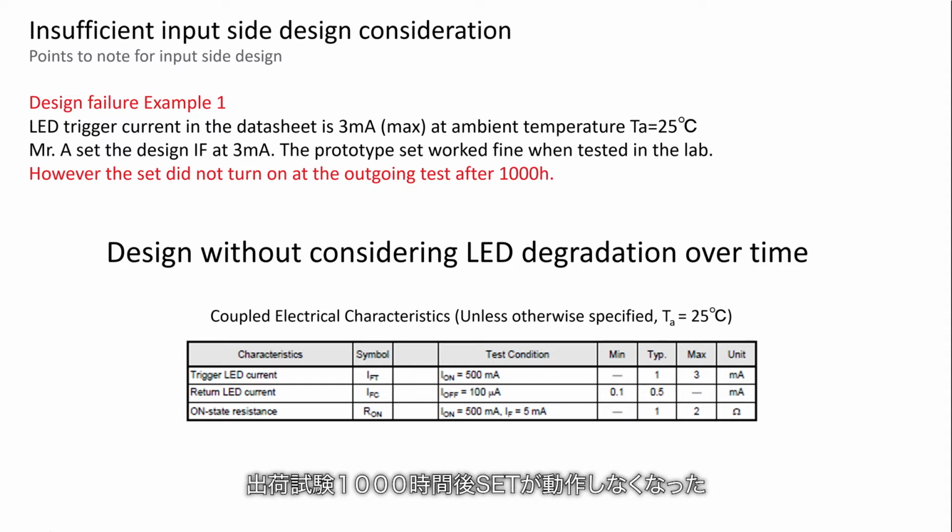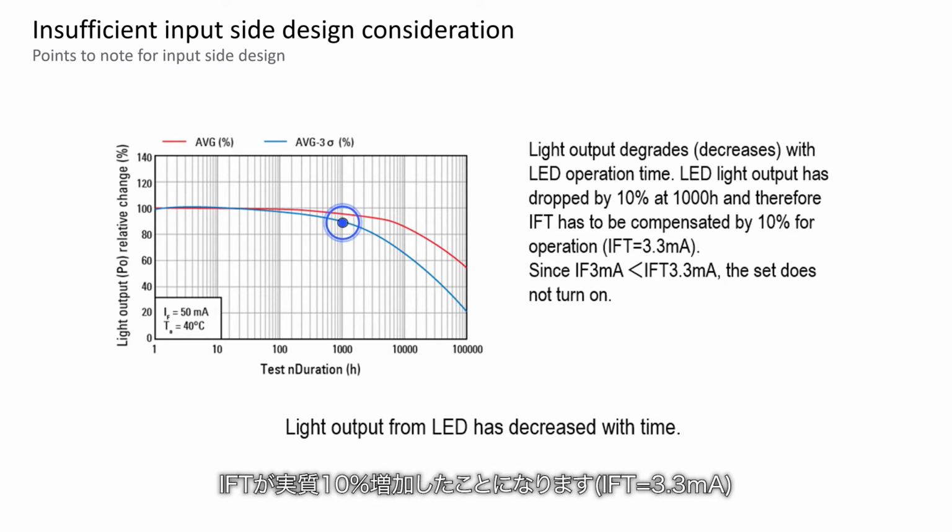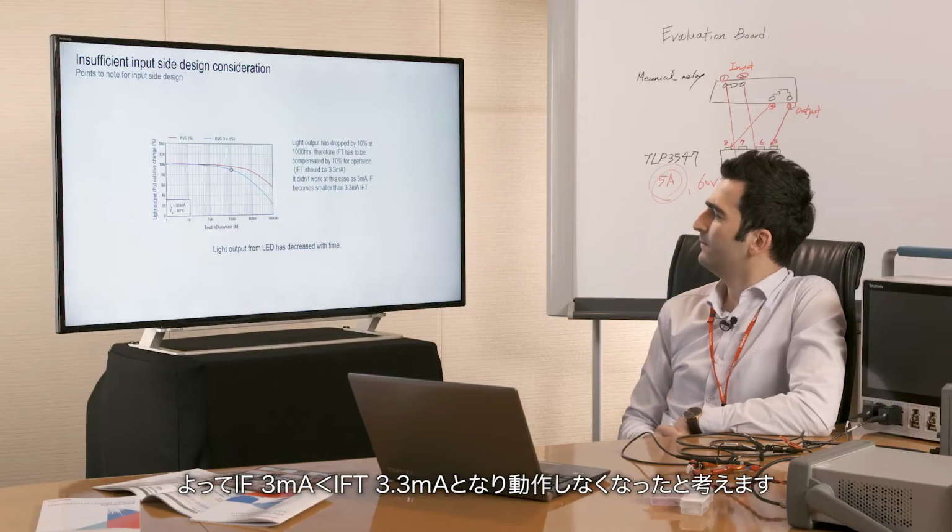However, it didn't work after a 1000 hours ongoing test. The light output actually dropped by 10% at 1000 hours. Therefore, IFT has to be compensated by 10% for the operation. It didn't work in this case because IF was 3 mA instead of 3.3 mA.